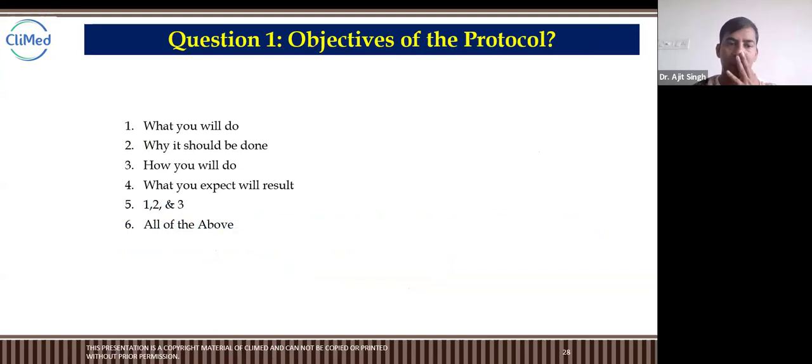Yes, guys. What is the answer? Why do you write the protocol? One, two, three, all of the above. Okay.